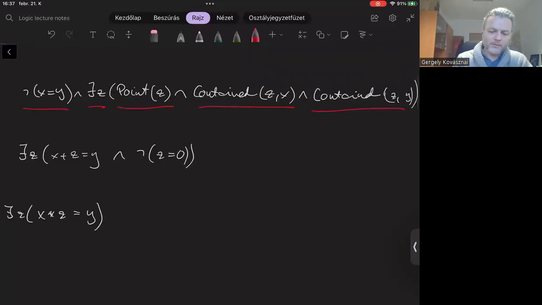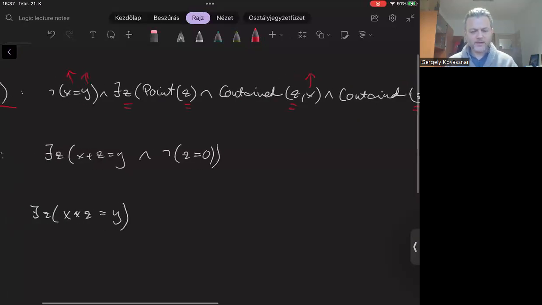I also want to note that this formula has a single bound variable z, and all the occurrences of z are bound, and also all the occurrences of x and all the occurrences of y are free, or rather we can say x and y are parameters of this formula.